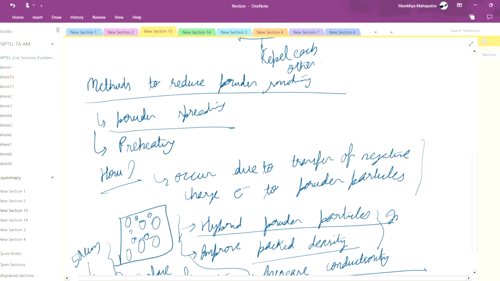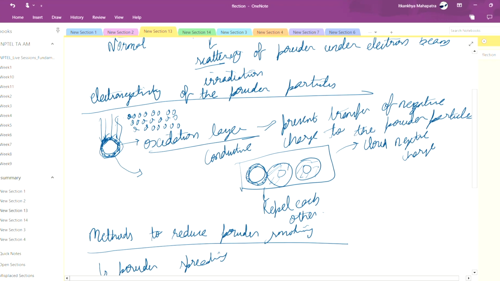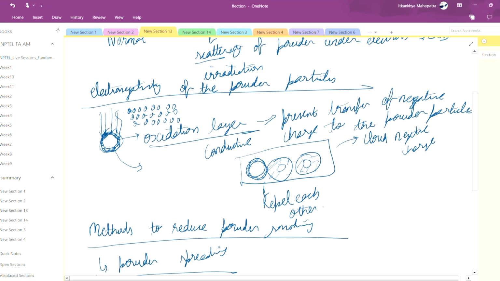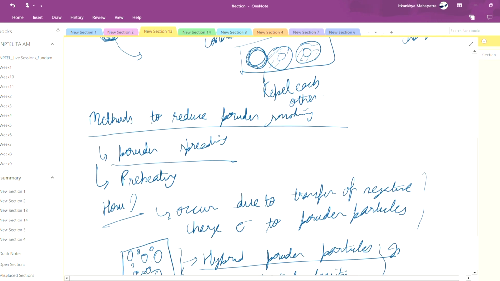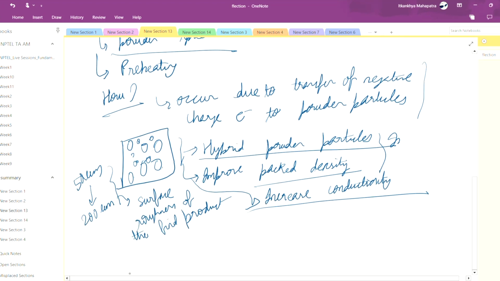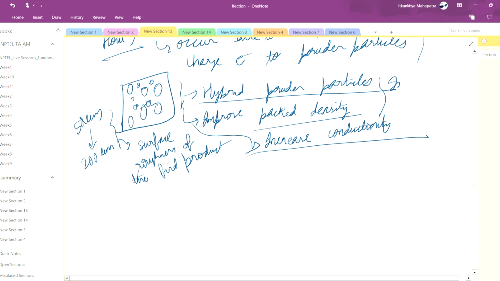Before, we were also seeing that because of the oxidation layer, it was not possible to transfer the heat from one particle to another. If we use a combination of smaller and bigger particles, it will transfer the heat from one particle to another. It won't be trapped inside each layer. The heat can be transferred to the other particles.